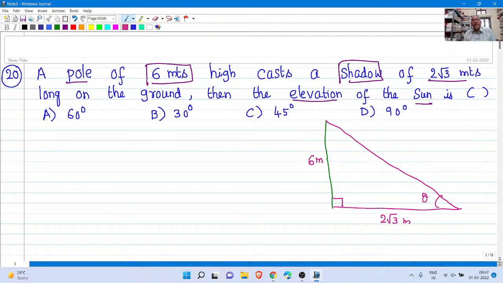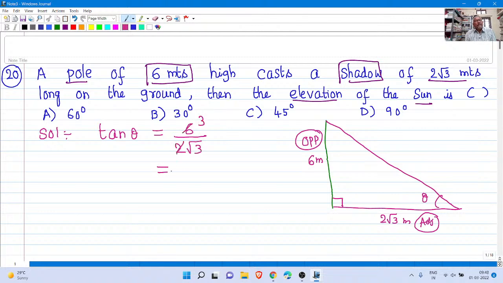How to find out? Apply tan theta from this triangle. This is the opposite side, this is the adjacent side. Opposite by adjacent is tan theta. Tan theta is equal to 6 upon 2√3. This we can write 2 times 3, and 3 can be written as √3 times √3, upon √3.